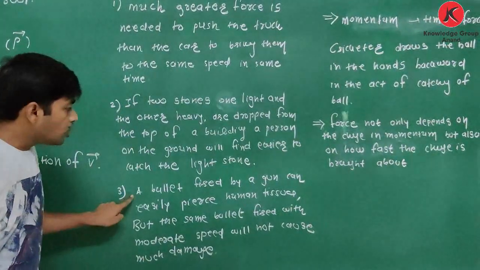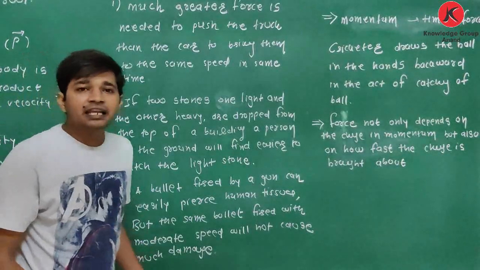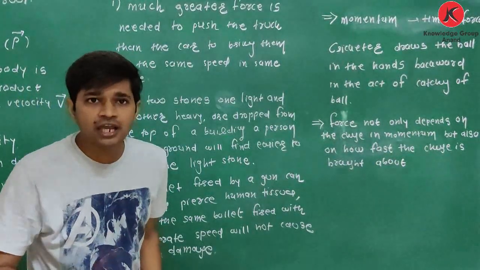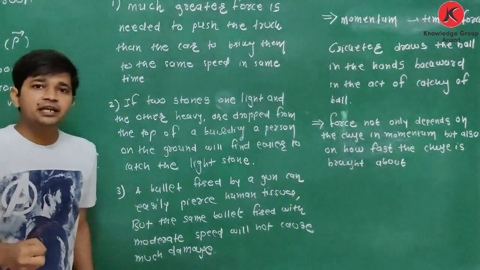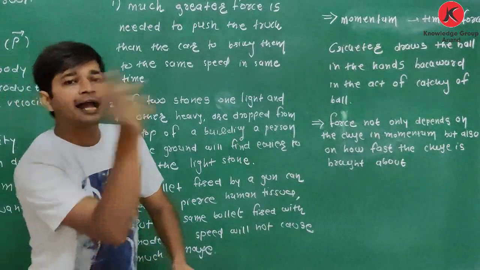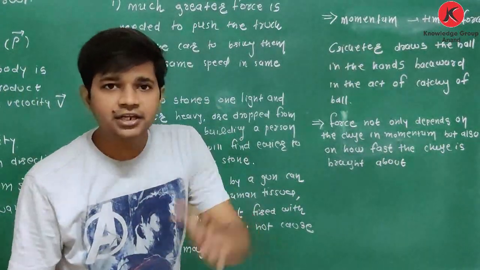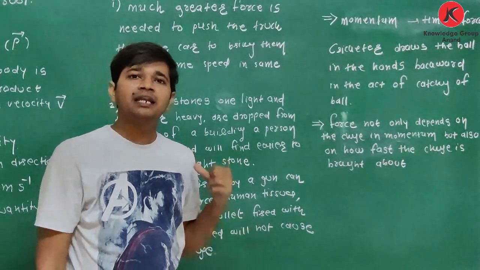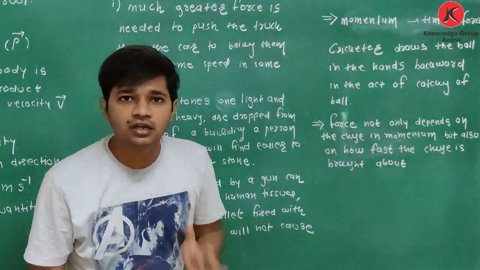When a bullet is fired by a gun, it achieves some moderate speed, and due to that speed, that mass can penetrate the body. But when we throw it with the help of the hand, it does not achieve any speed that can penetrate inside the body. Clear about this?